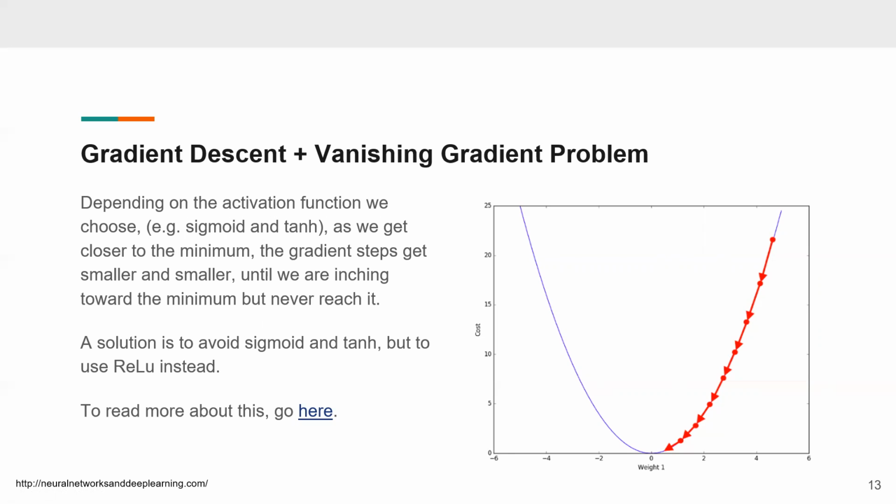This is called the vanishing gradient problem. A solution is to avoid sigmoid and tanh, and use ReLU instead. This is something you should be aware of, as it could be a consideration in your applications.